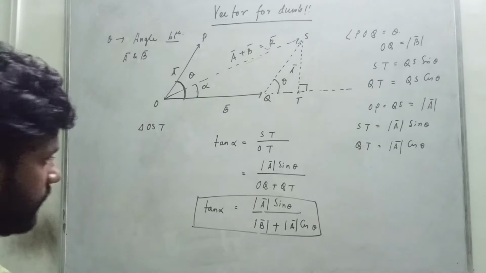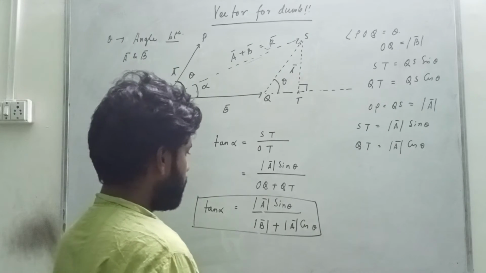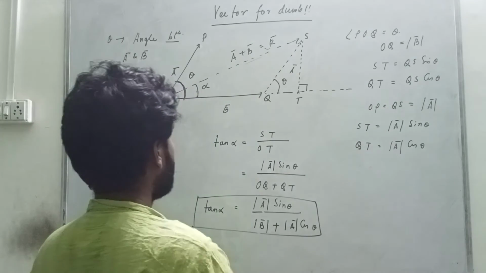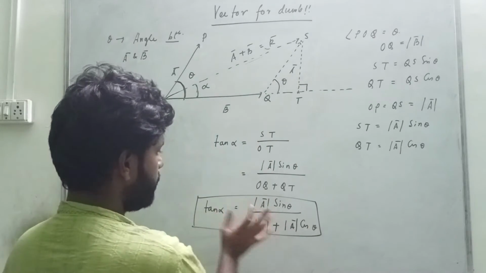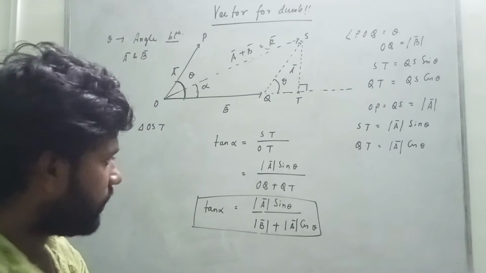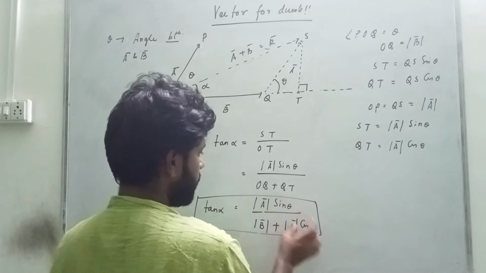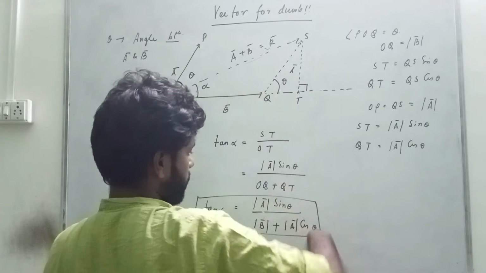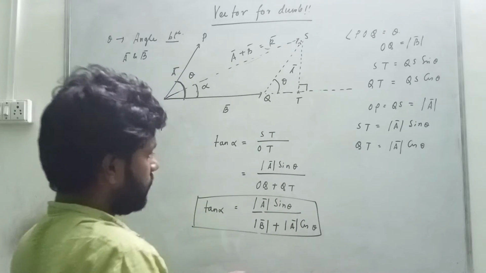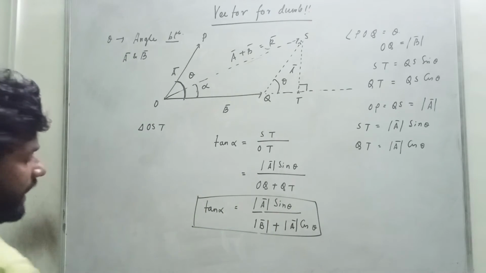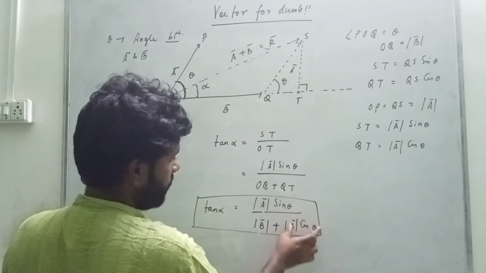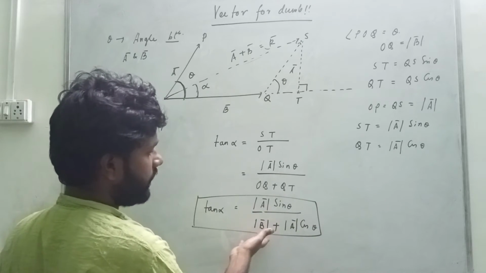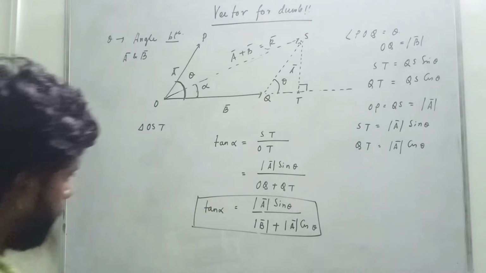Okay, so these are very crucial results. If I wish to calculate the angle with B, then B goes to null, and the angle theta between A and B goes with A: A sin theta by A cos theta, and beta remains null.